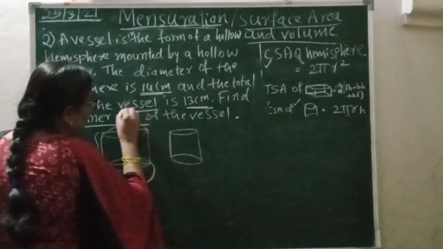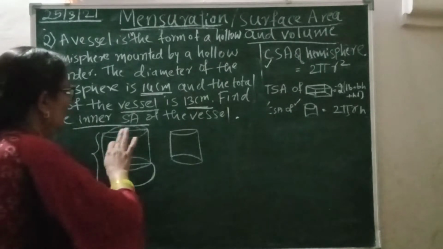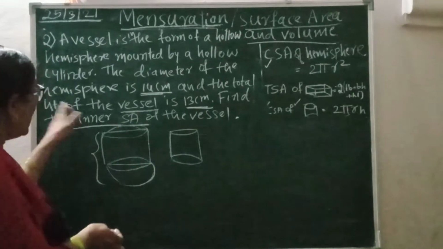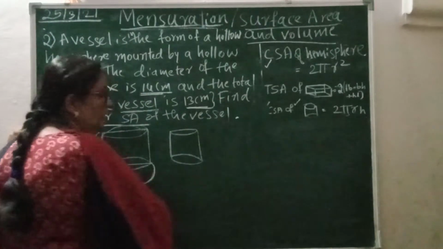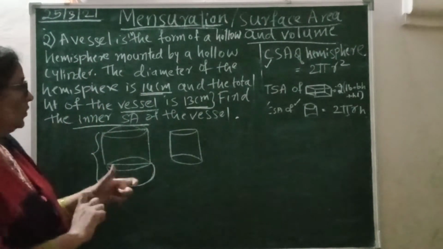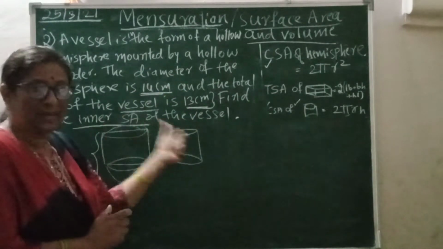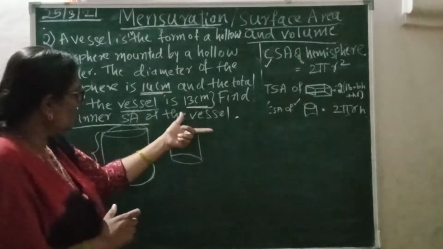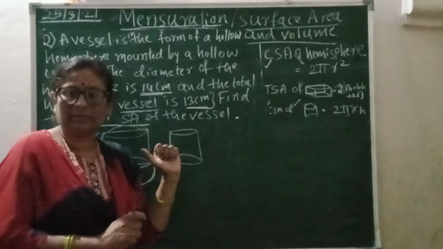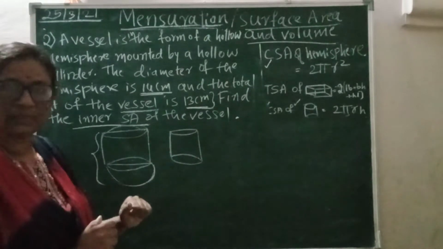See, here they have not mentioned the height of the cylinder, or the height shown in the diagram. It is said height of the vessel. That means there is also something I have to think about here. This way, you must get the thoughts while analyzing the problem. Analyzing means understanding what is given, in what way it is given, and what to find and how to find. Of course, that is the logic.